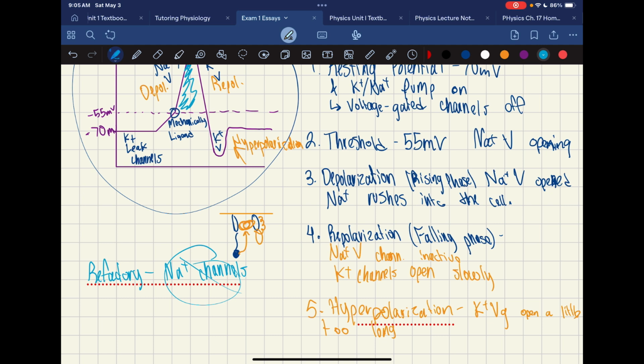No matter how much more charge is added, it physically cannot have another action potential here because the sodium channels are closed, and that's just what we learn. When the refractory period is here, we just cannot have another action potential.